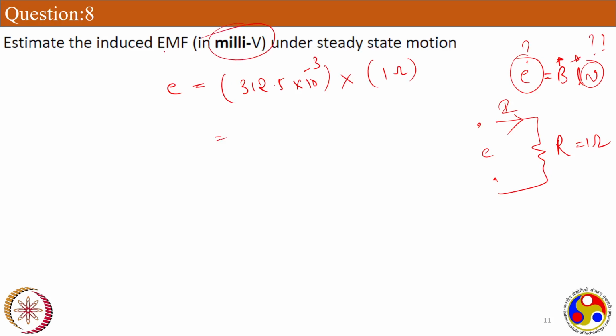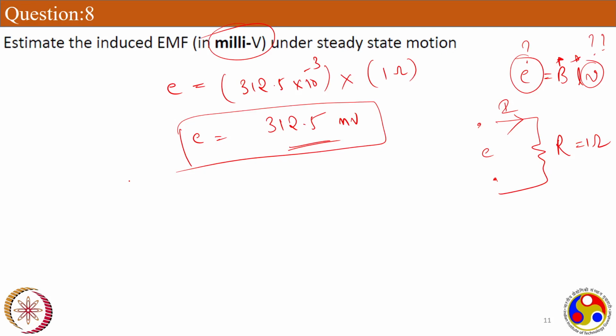The question is already asking in millivolts only. So it will be 312.5 millivolts. That is the EMF which will be induced under steady state motion. We use this formula only because we know the current. We have the advantage of knowing the current before. If we don't know the load value, we can't use this formula.